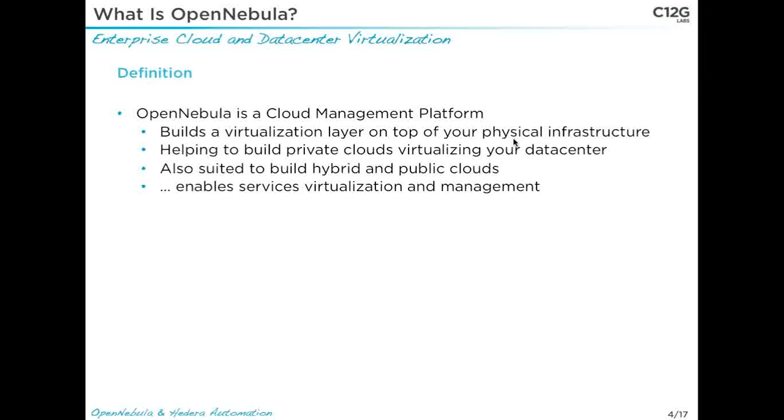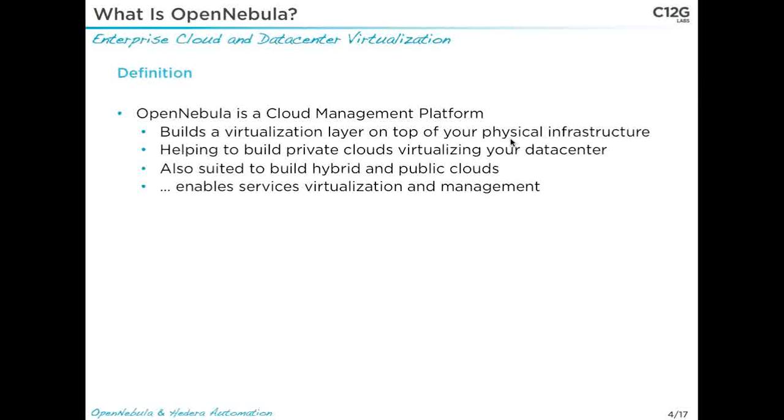Okay, so for those of you that don't know already, what is OpenNebula? Well, OpenNebula is a cloud management platform, meaning that it helps you build a virtualization layer on top of your physical infrastructure, and thus helps you to create a private cloud with your physical servers. There's a lot of benefits of running your services in a virtualized environment, like for instance, the elasticity, and also the resource optimization.